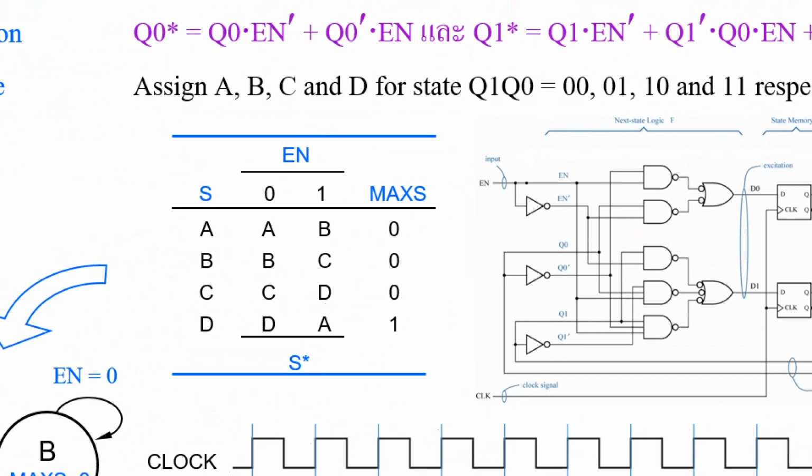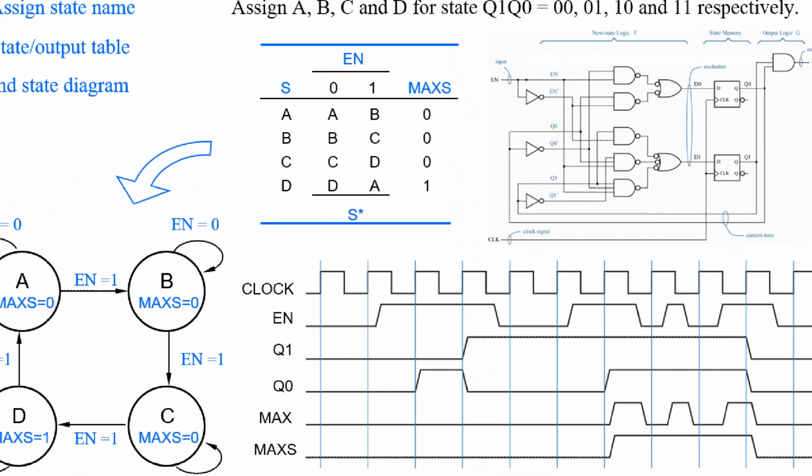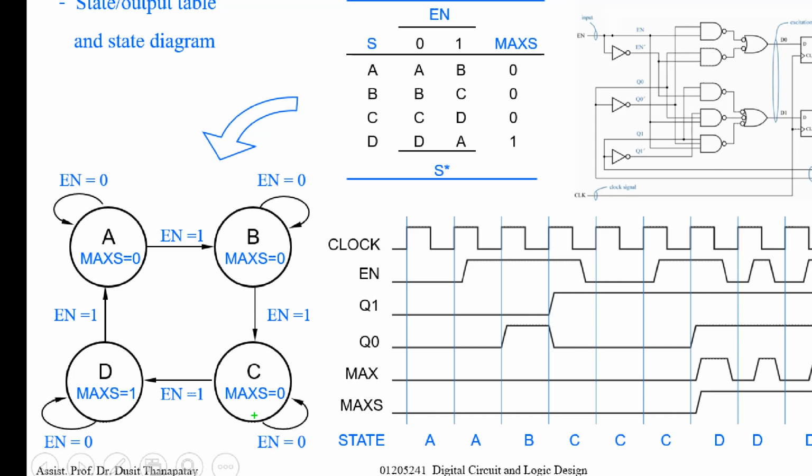This is the style for the Moore type machine. And for the state diagram, you write down the output inside the state circle, right?